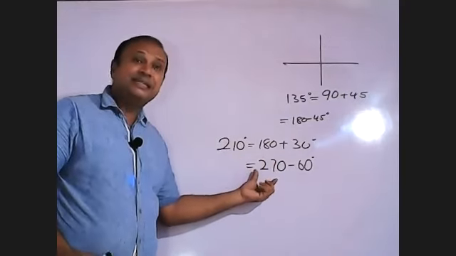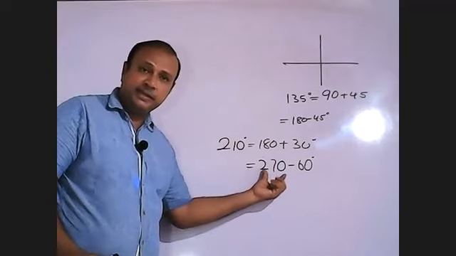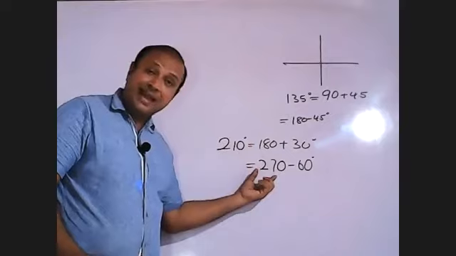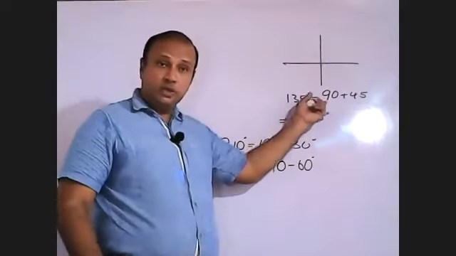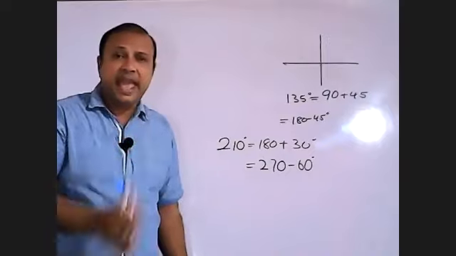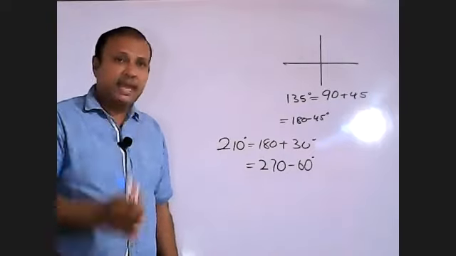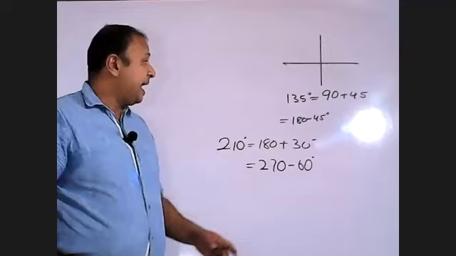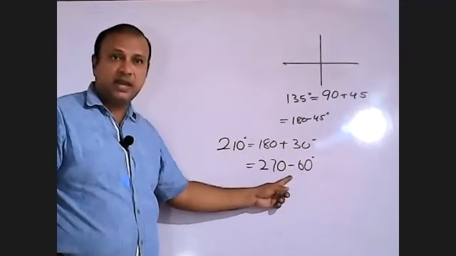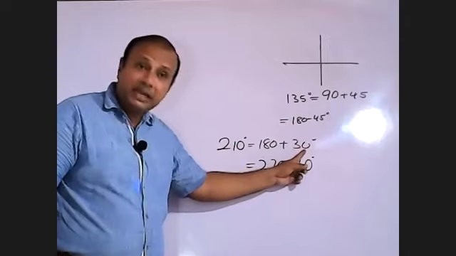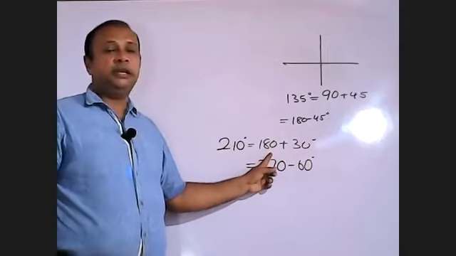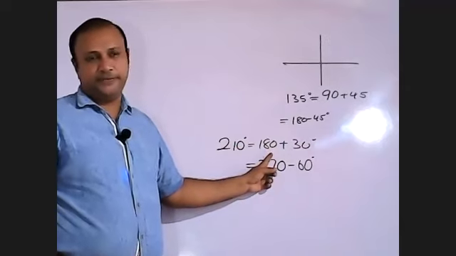Those are integral multiplications of 90. This is 90 into 2, this is 90 into 3, this is 90 into 1. Therefore, we can represent any angle as an addition or subtraction between an acute angle and an integral multiplication of 90.